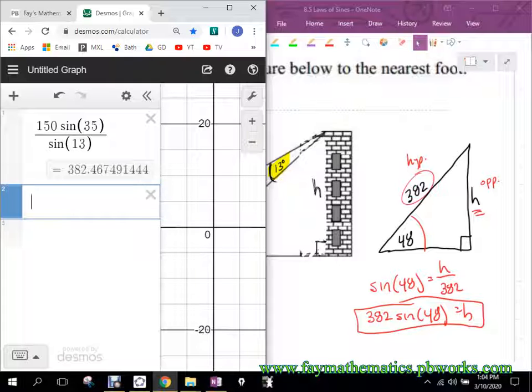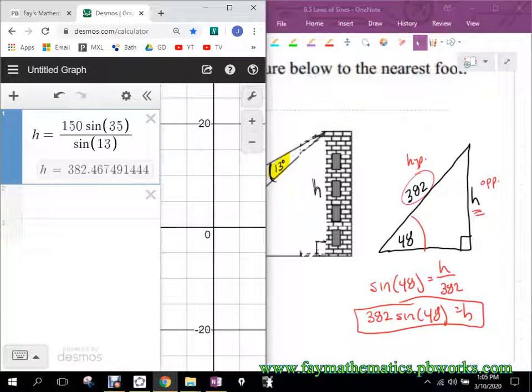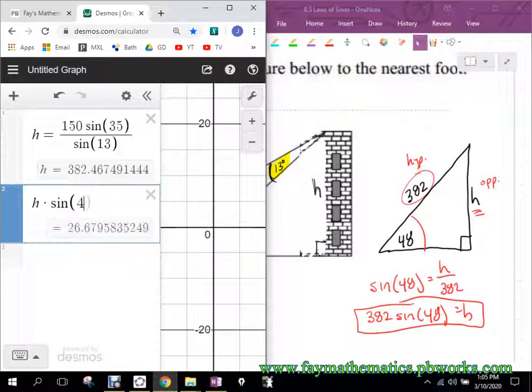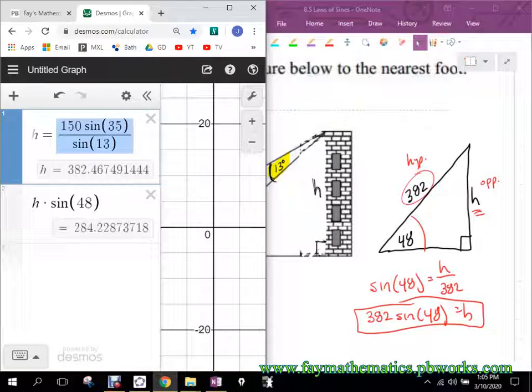However, if I round it right there, then there's going to be rounding error in that height. Yes? Can I do this? Can I call this distance, I'm just going to call it h for hypotenuse. Can I then say h times sine of 48 and do that? Because now the calculator is not using that rounded number. It's using that number. Does that make sense? Okay.